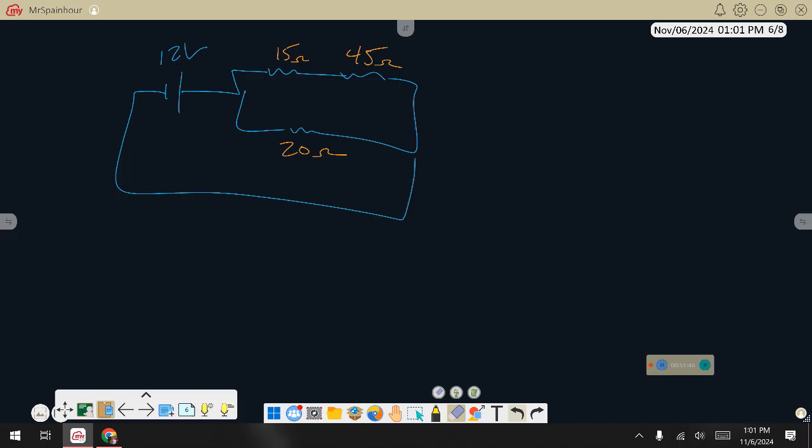C, because that path has a total of 60 and this path has a total of 20. What's going to be true about both of these currents, despite the fact they're different resistances? Since they are in series, they would be exactly the same. 100%. All right, go ahead and do this one now. Find out how much voltage and how much current is in every resistor.